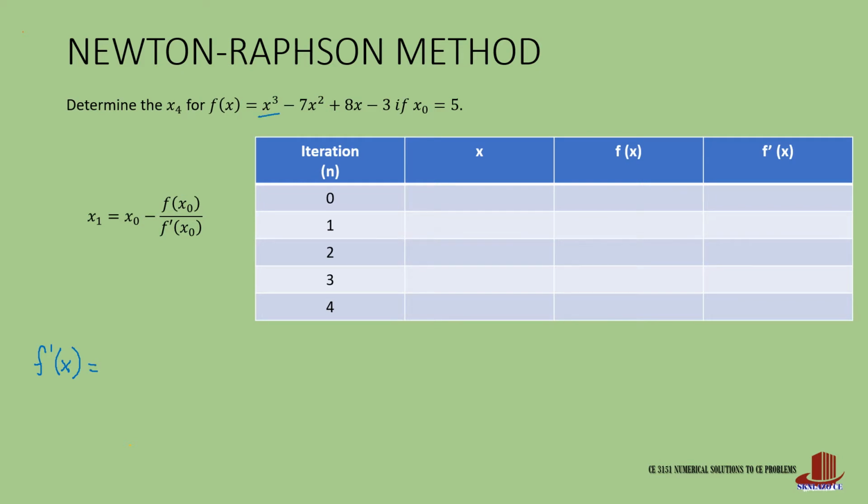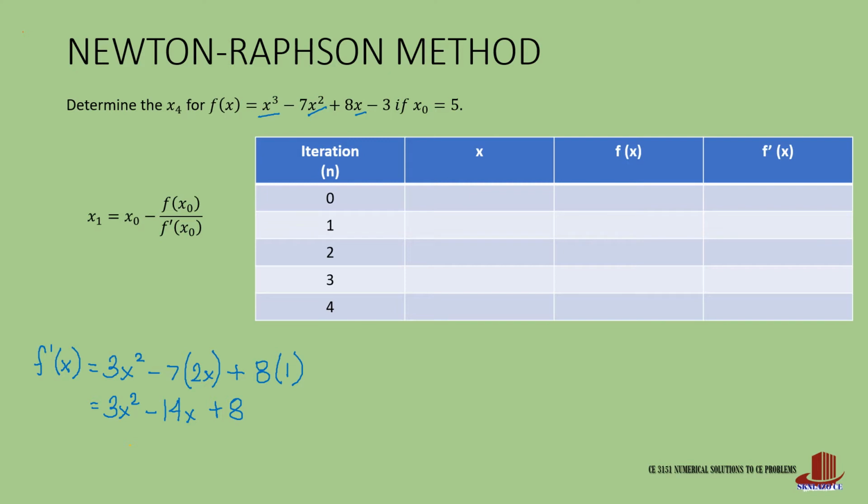X cubed would be taken as 3x squared, minus 7 x squared would be 2x, plus 8 x is taken as 1. Recall that the derivative of a constant would be 0 or disregarded. Now simplifying, we have 3x squared minus 14x plus 8 for our f prime of x.